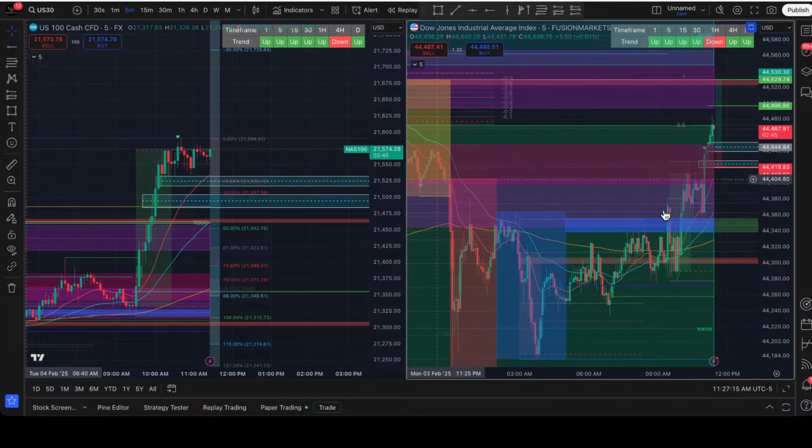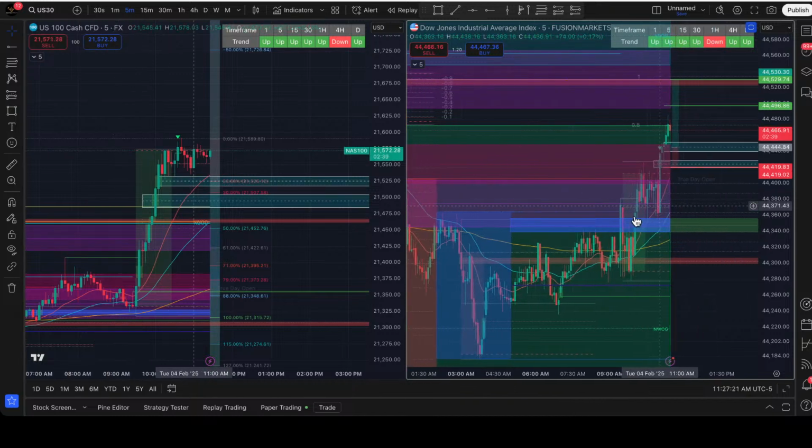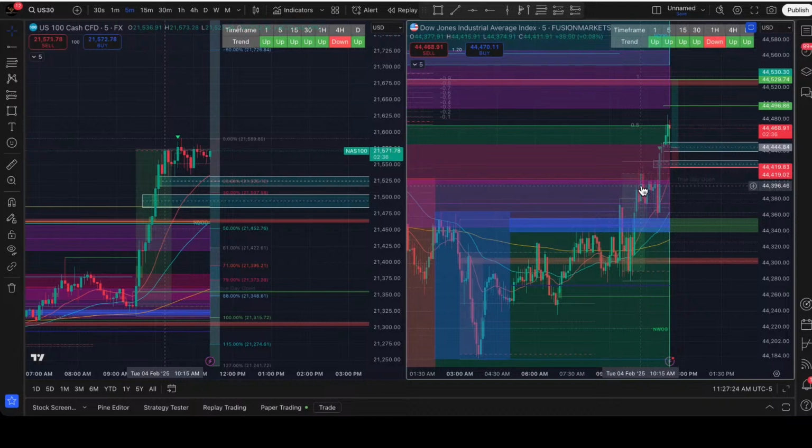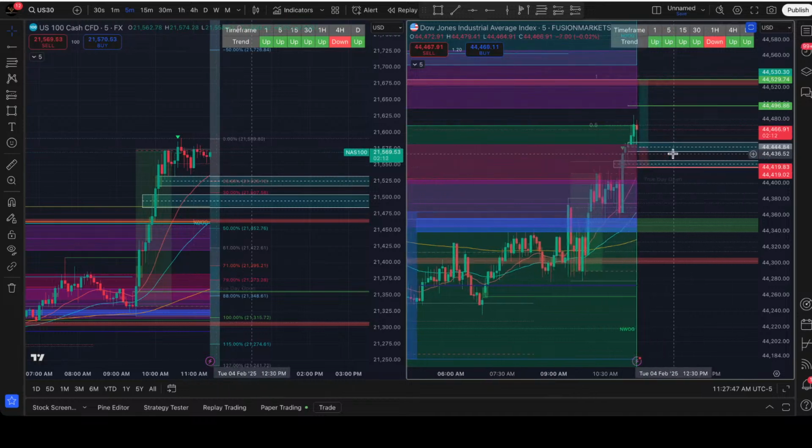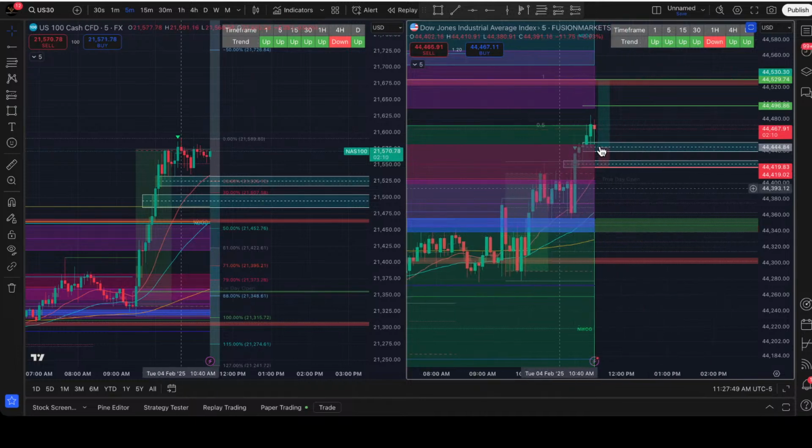We broke Asia lows, but then we also broke London high. And even though the market manipulated upwards, the rule is if you break twice in the same direction. So here's the first break. We had a pullback and then a second break. When you break twice in the same direction as the manipulation move, then you look for a buy, and then we had a buy confirmation as well. Market retraced back to the first 5M since we already had an early retracement. First 5M fair value gap, tapped, created a 1M fair value gap, tapped, engulfing.